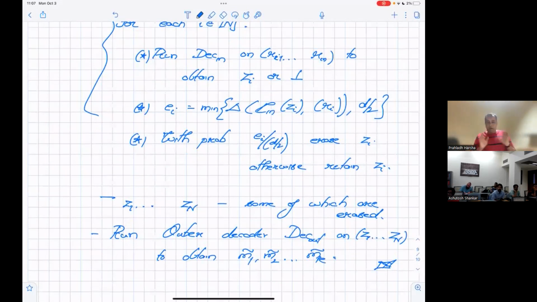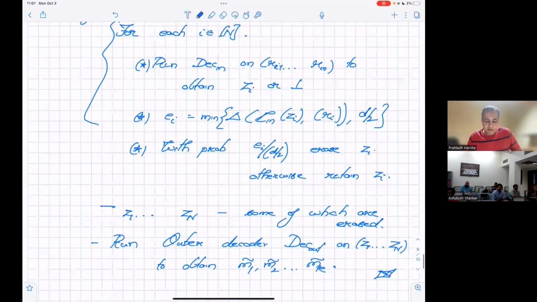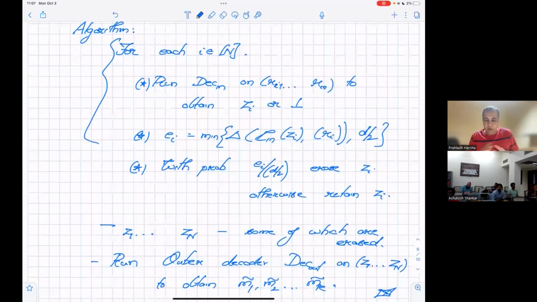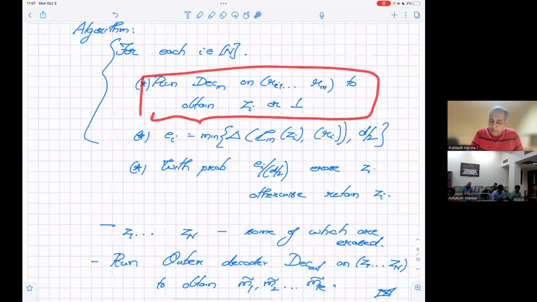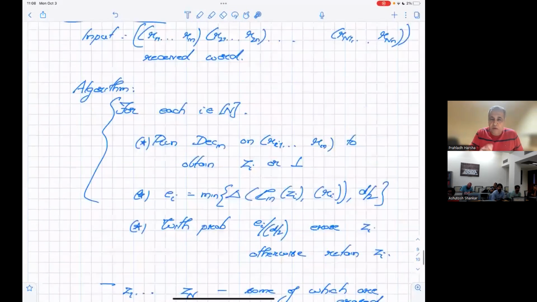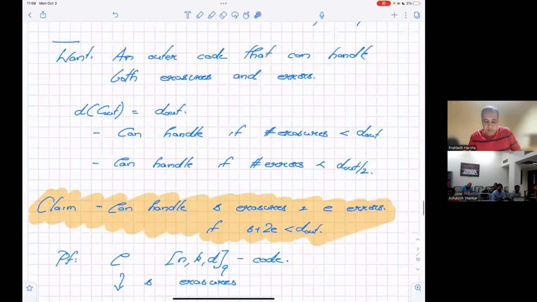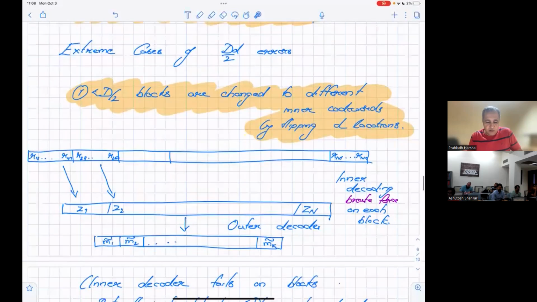I don't have the time for the analysis, but let's see what the algorithm is doing. It's going to go as before, run the inner decoder on each of the inner blocks first.